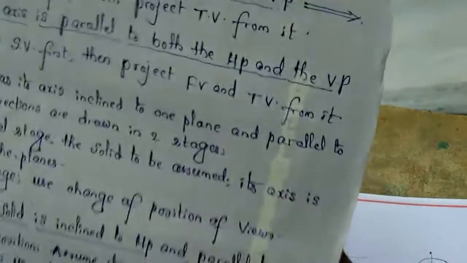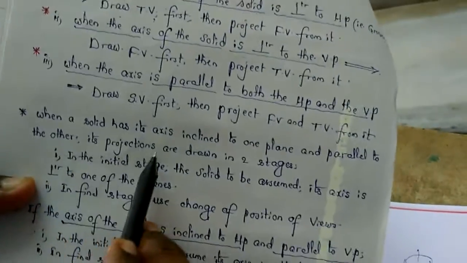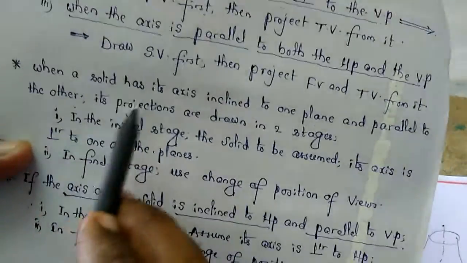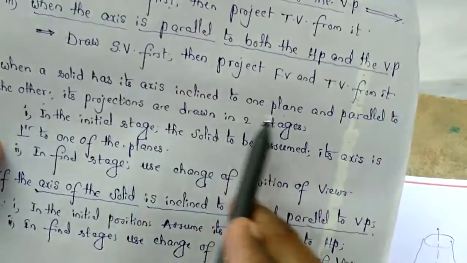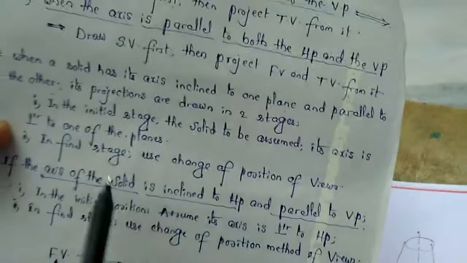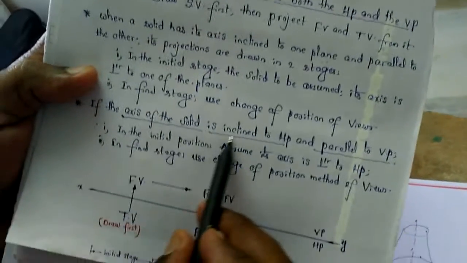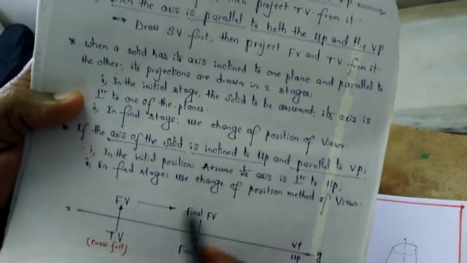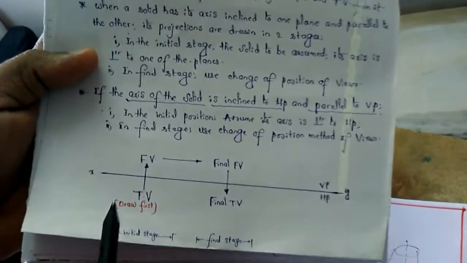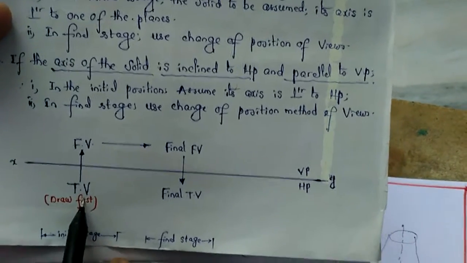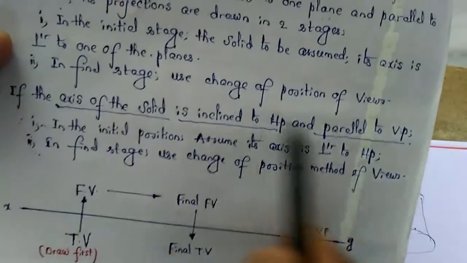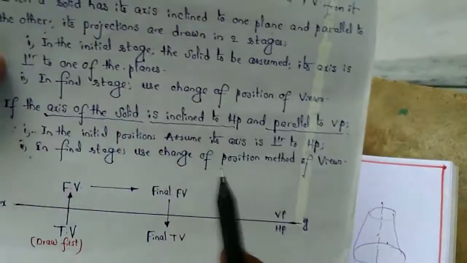Very, very important. After that, when the solid is inclined to one plane and parallel to the other plane, this is another type of condition. Suppose the axis is inclined to HP and parallel to VP, then draw the top view first. Why? Because the total problem is divided into two stages.